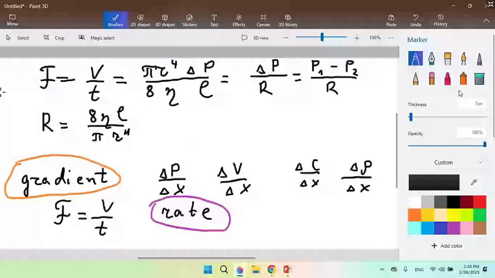This formula shows that the volume flow rate is proportional to the pressure gradient, with the coefficient of proportionality being the reciprocal of the resistance to flow.